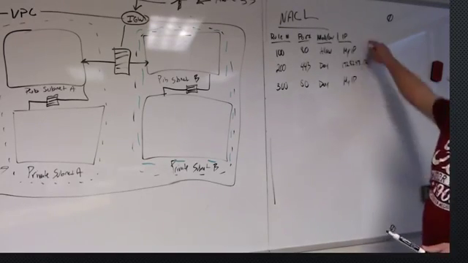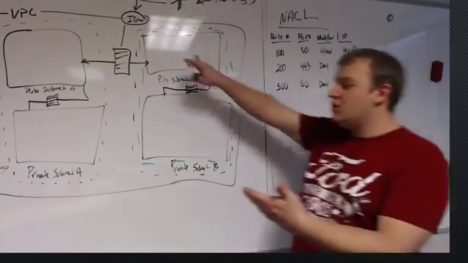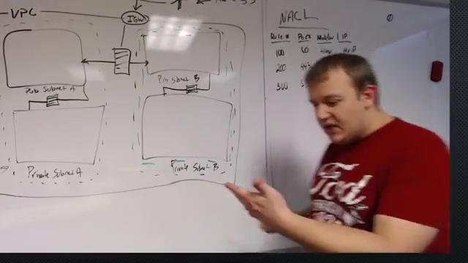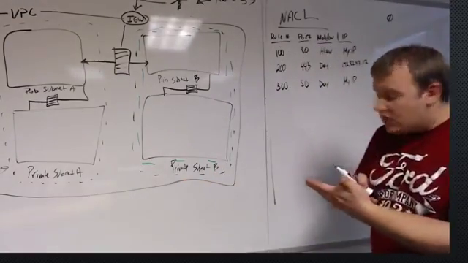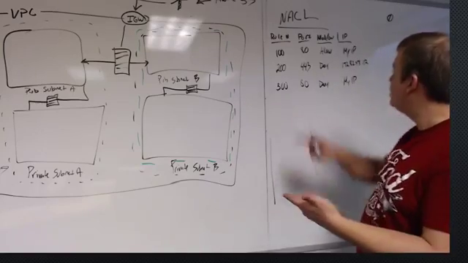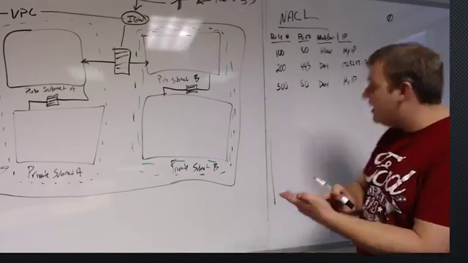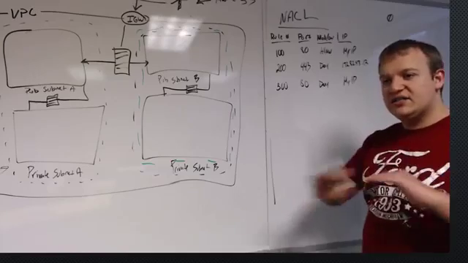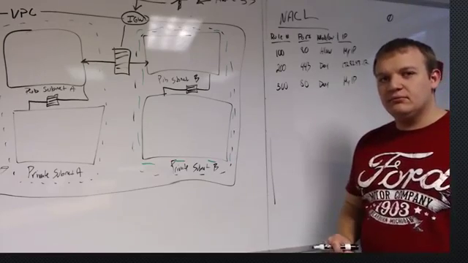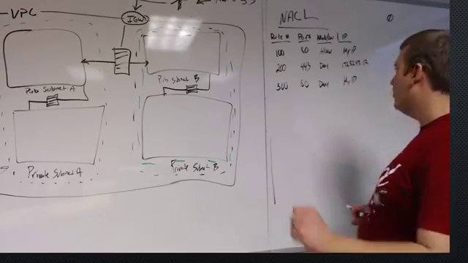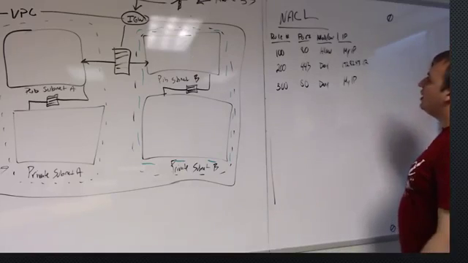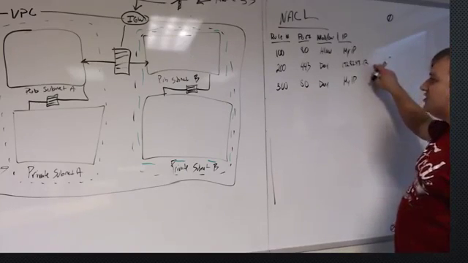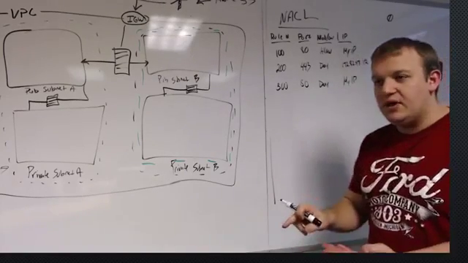Because the guard at the gate is looking, he says, rule 100, are you my IP? Yes. Are you trying to come in on port 80? Yes. You're allowed. I stop evaluating the rules from there. However, when we came in with 172, we skipped that because that wasn't the right IP.